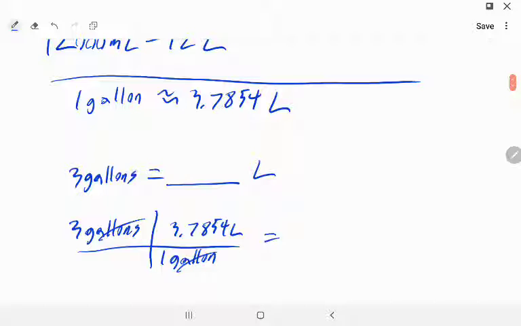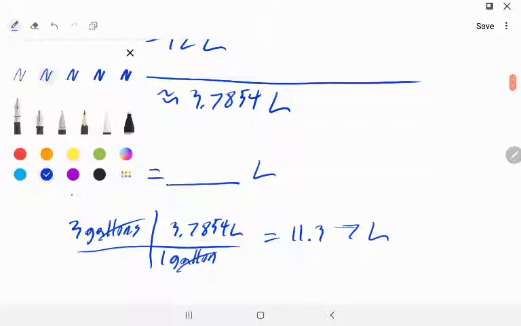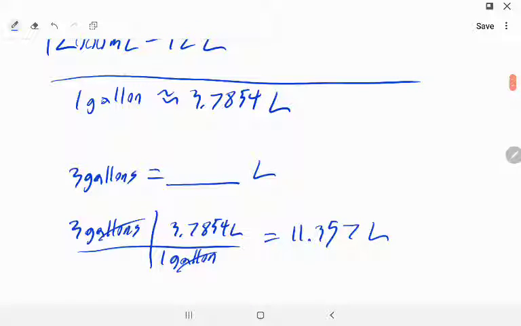We're going to get 11.357. So you want to double check that with a calculator, but I think it's definitely going to be 11 point something. I think it's going to be 11.357 liters. That probably bears verification.